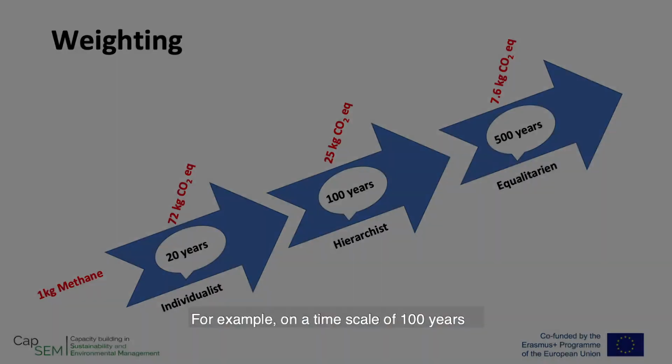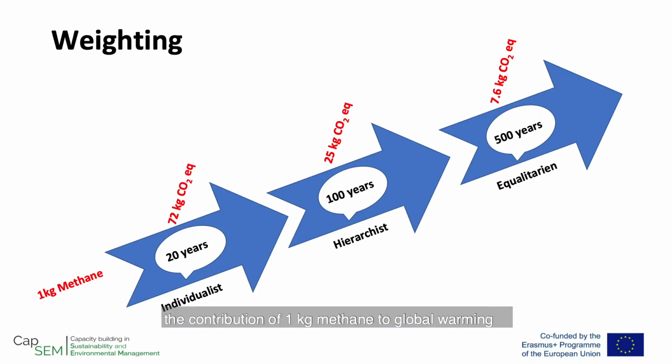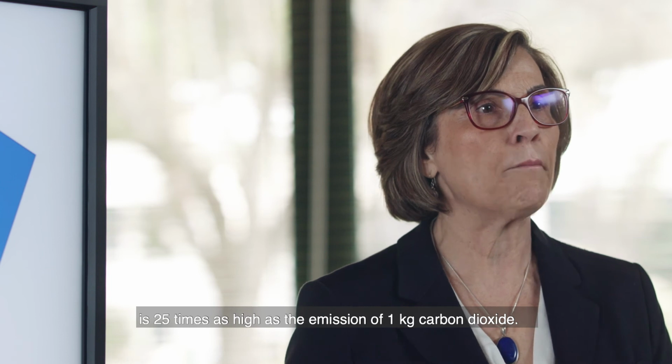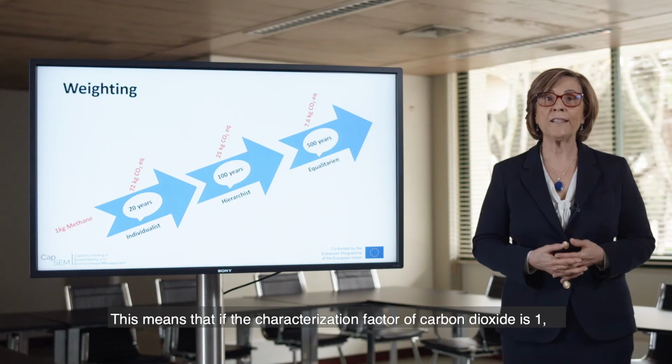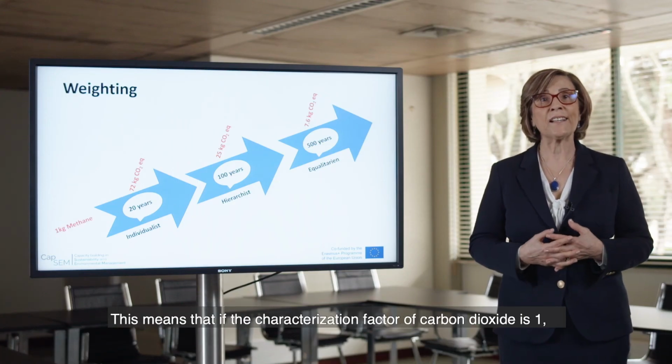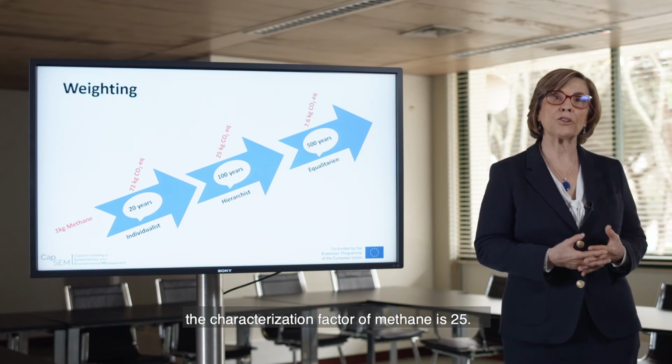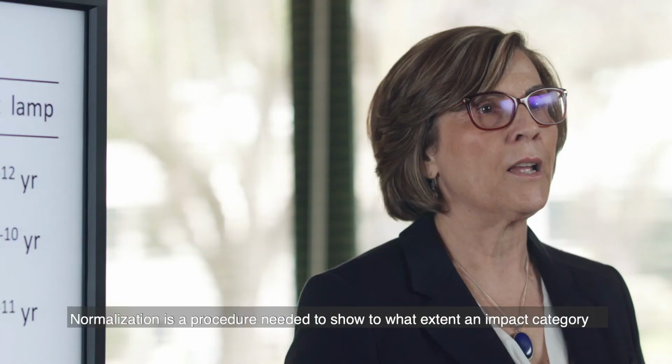For example, on a time scale of 100 years, the contribution of 1 kilogram methane to global warming is 25 times as high as the emission of 1 kilogram of carbon dioxide. This means that if the characterization factor of carbon dioxide is 1, the characterization factor of methane is 25.